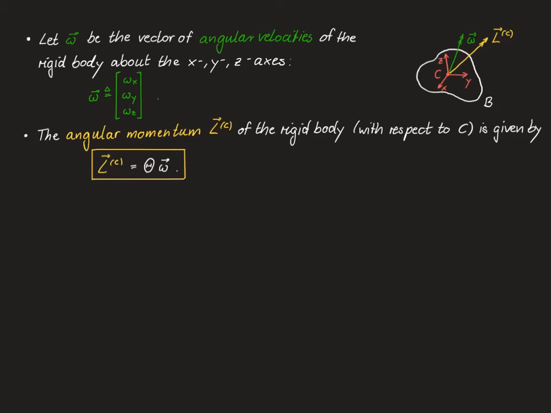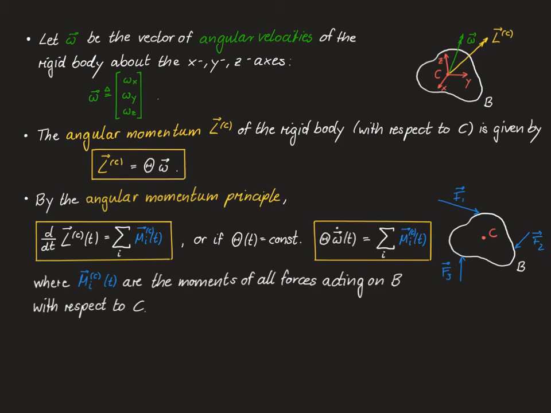Also, recall that the angular momentum of the rigid body depends on the choice of the reference point C, and that's why we mark the L vector with a bracketed C up here. Whereas, if you remember the review on the kinematics of a rigid body, the angular velocity vector was actually independent of the choice of a reference point.